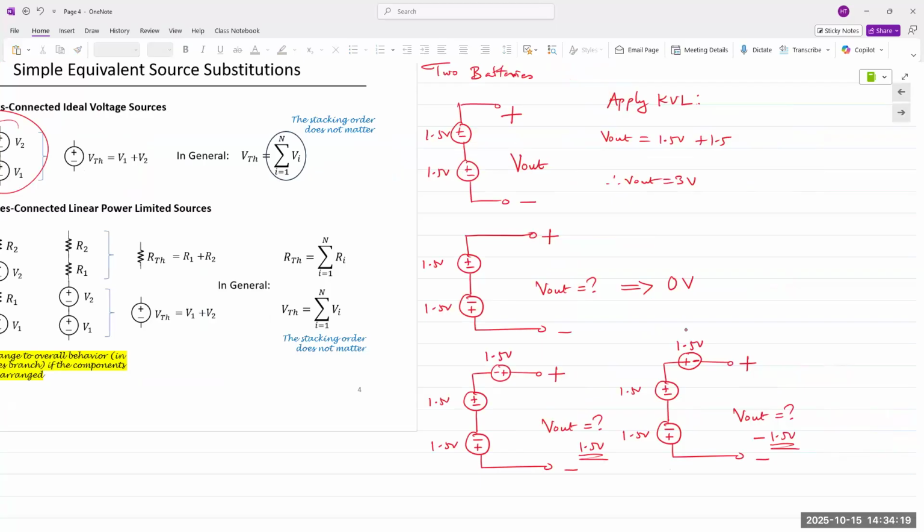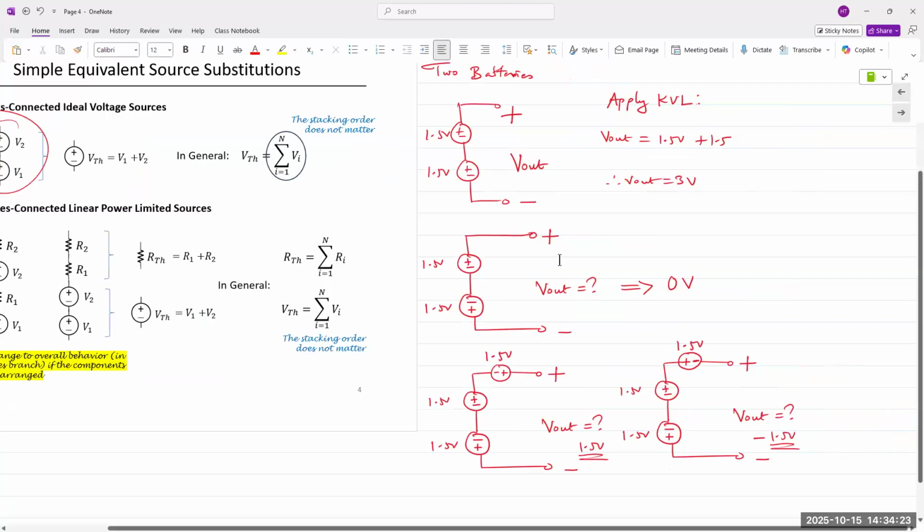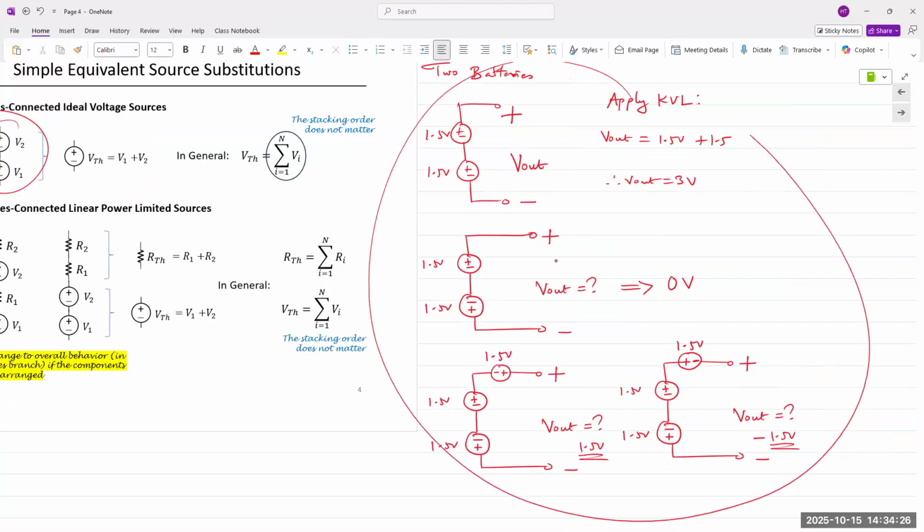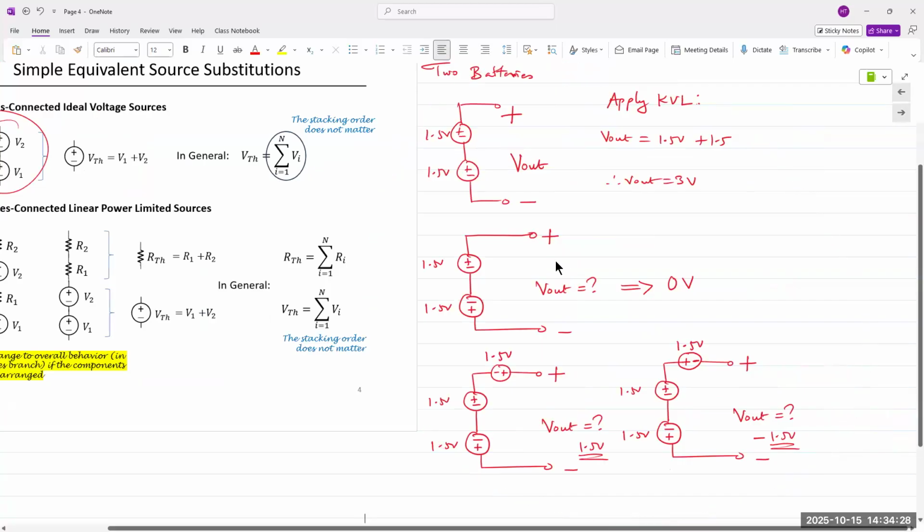Let's take a pause. Let me know if you have any questions. This is not really related to the Thevenin voltage. Well, it is related, but I just wanted these examples to show students that just because they are stacked and connected in series does not mean that the voltage will always add up. Okay, it is based on KVL. So it's also based on how we are connecting the sources.